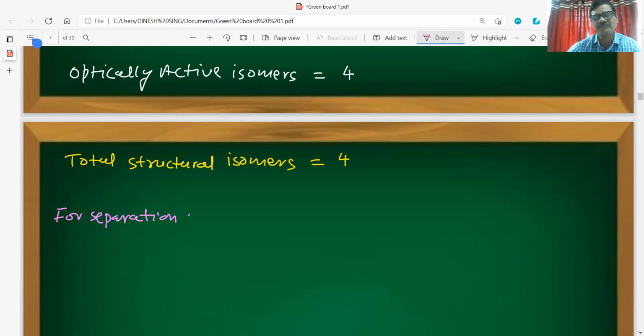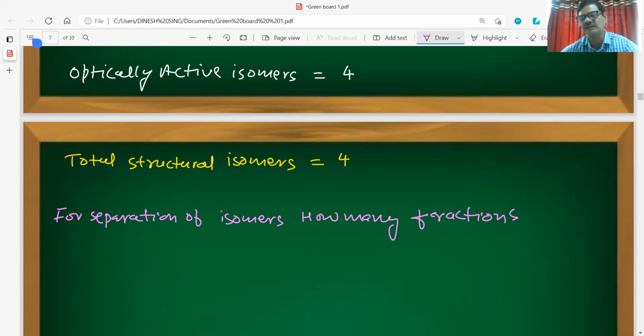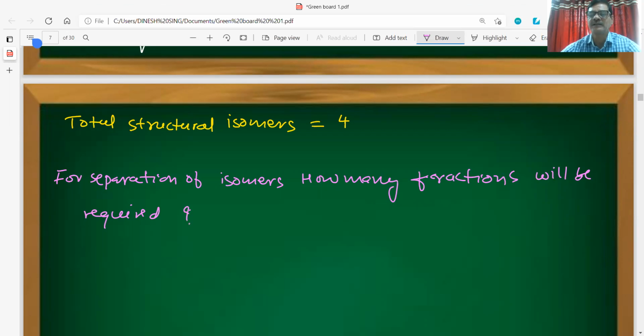One more thing he can ask: for separation of isomers, how many fractions will be required in fractional distillation? Here we can see these are enantiomers.